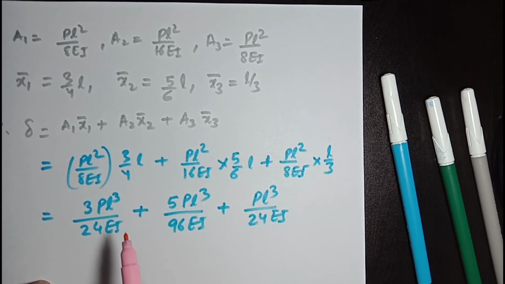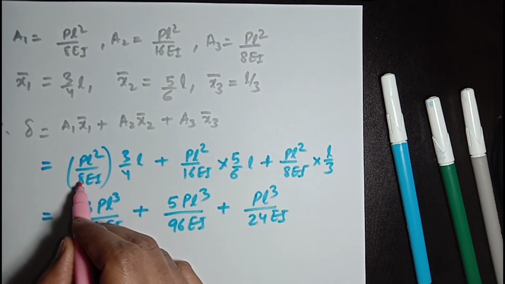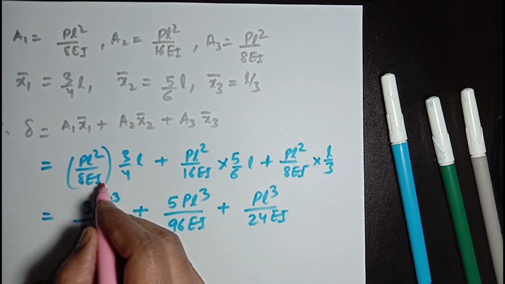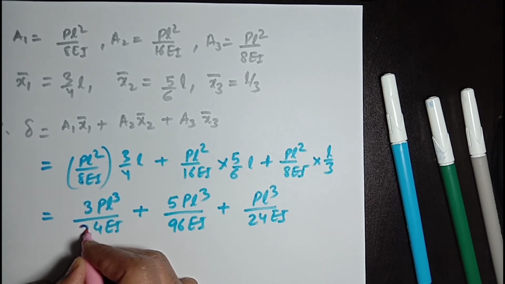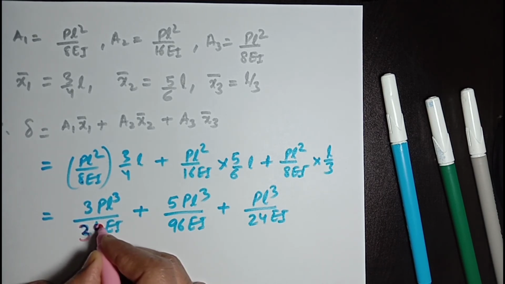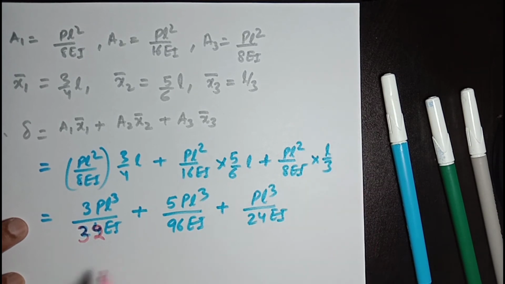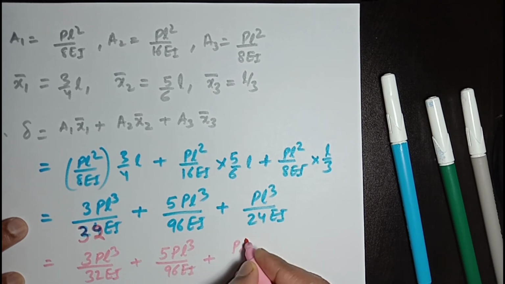Now I have made a mistake here. 8 multiplying with 4 will give 32. So we can rewrite for clarity: 3PL cube divided by 32EI plus 5PL cube divided by 96EI plus PL cube divided by 24EI. So we are taking the LCM 96EI.